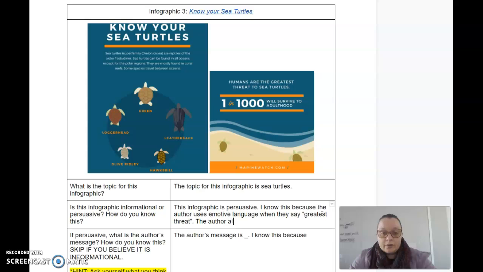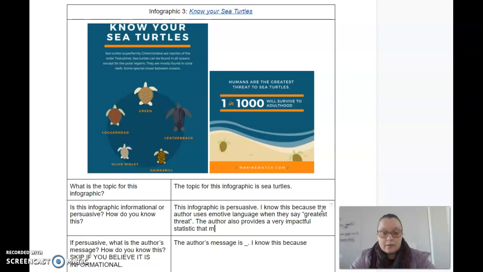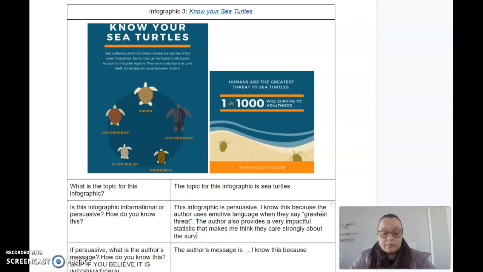The author also provides a very impactful statistic that makes me think they care strongly about the survival of sea turtles.